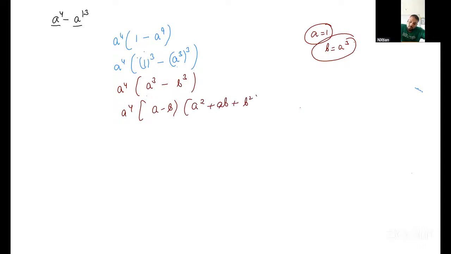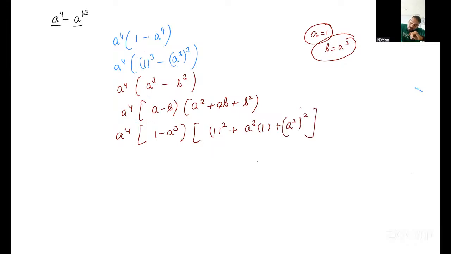So it means a to the power 4 can be written as 1 minus a cube into 1 square, plus ab, which is a cube into 1, plus b square, which is a cube square. This is the answer: a to the power 4 into 1 minus a cube into 1 plus a cube plus a to the power 6. Did you understand, Vidya?